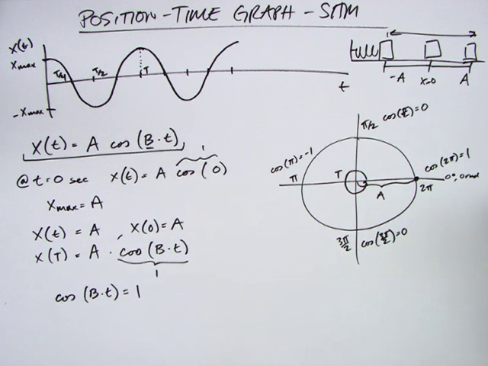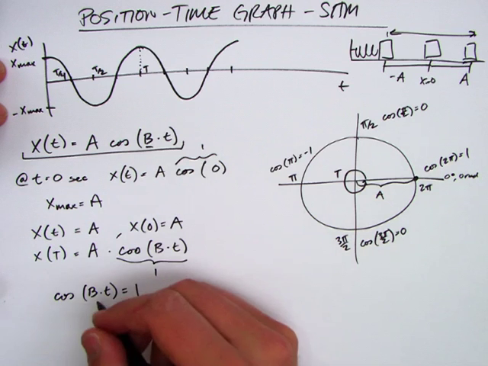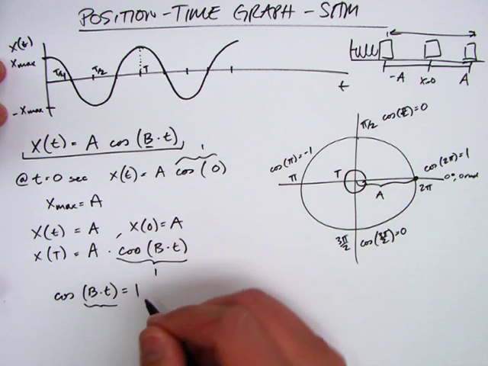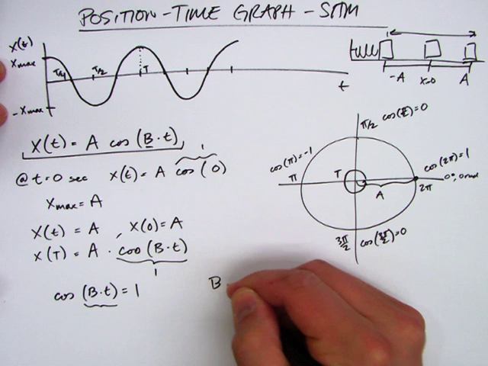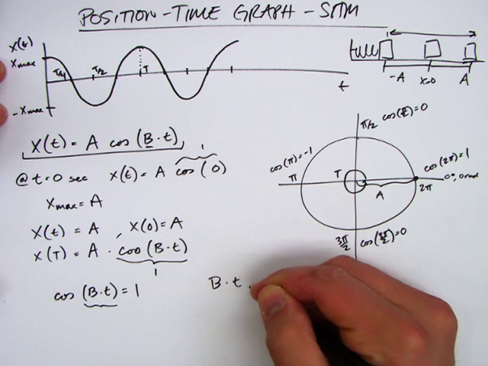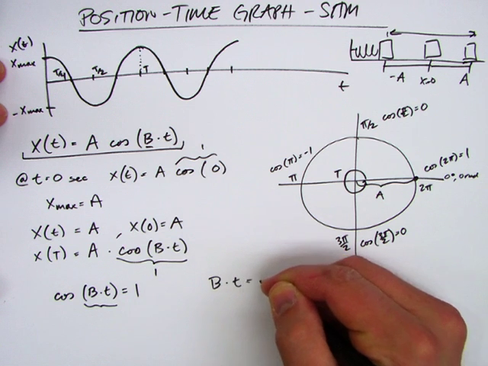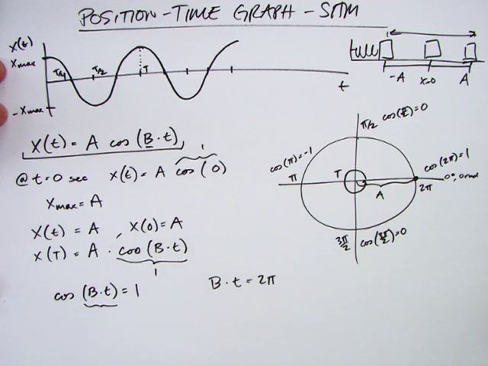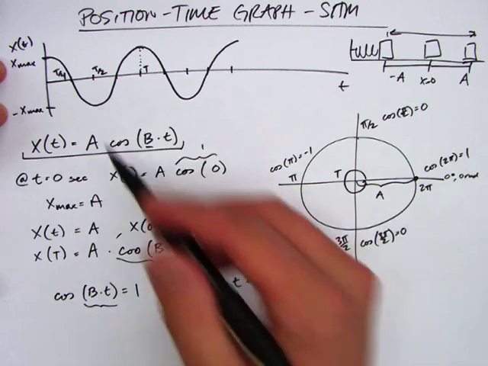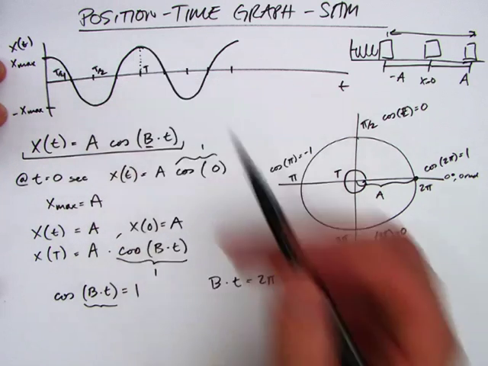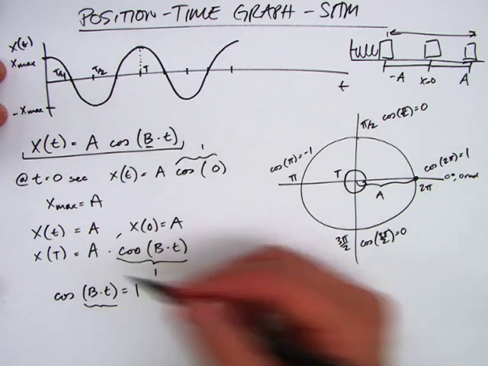Well, it's when I've completed a full cycle. So when I've gone 2 pi radians. So what I have to prove here is that when b times t equals 2 pi, then I will have completed one revolution, I will have completed one cycle, I will be back to an amplitude of A.